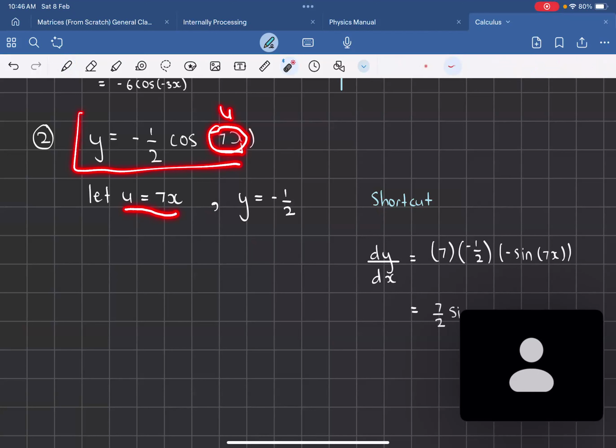So y is equal to minus a half cos u, exactly what you see in there. All we did was say 7x is u, so now instead of 7x there, we have a u.